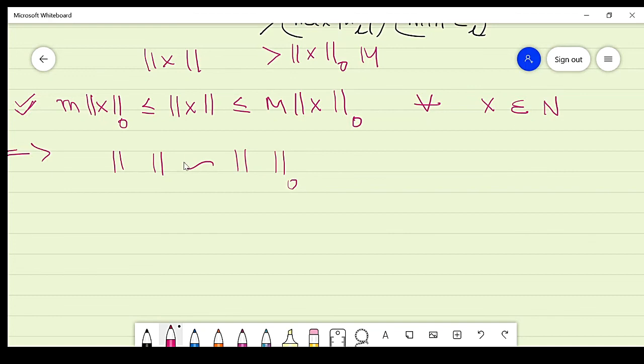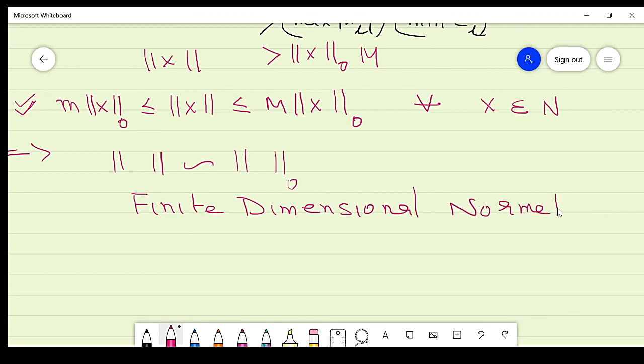So remember that result. In a finite dimensional normed space, all norms are equivalent.